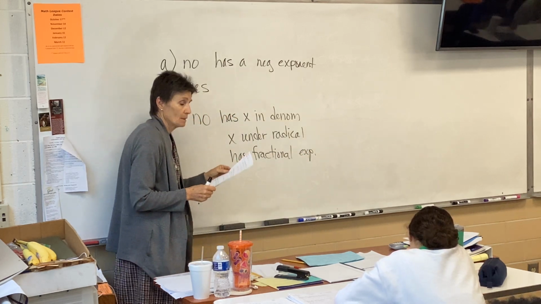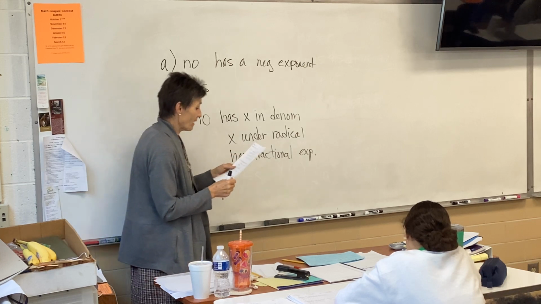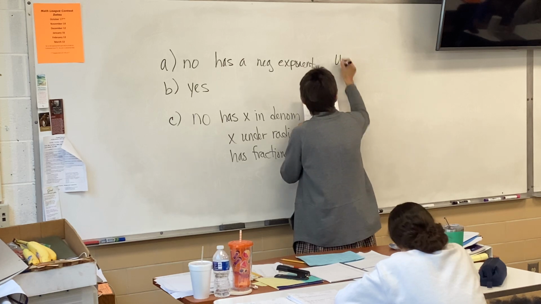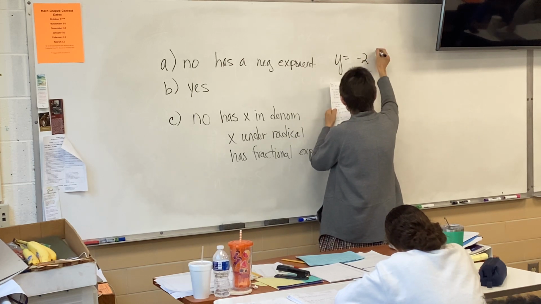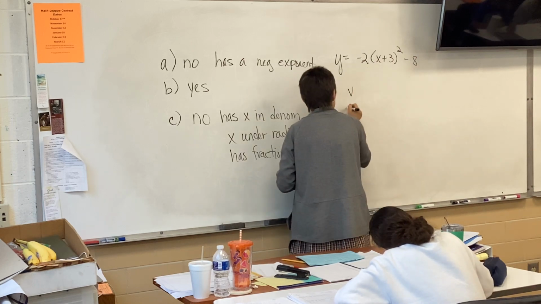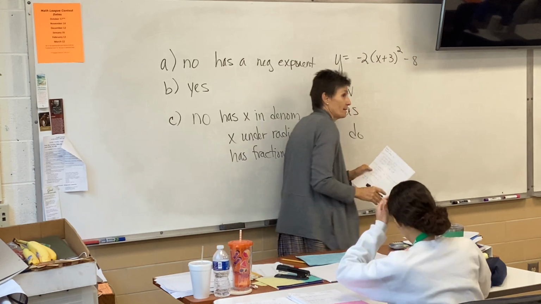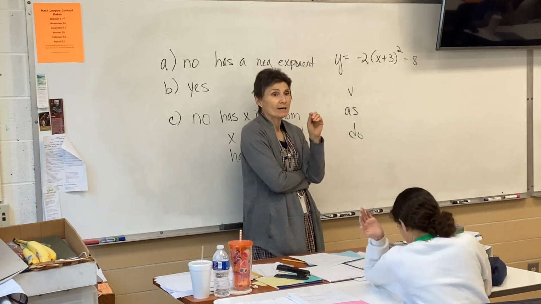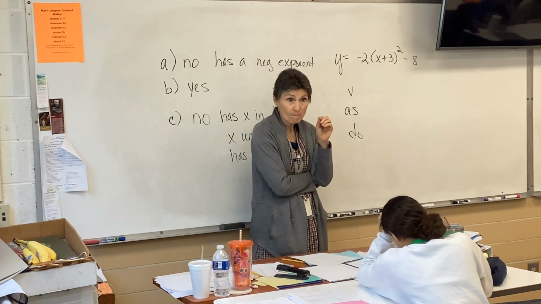All right, number 2. Find the vertex, axis of symmetry, and direction of opening in the manner of your choice. So we got y equals -2(x plus 3) squared, minus 8. This is the easiest problem you've ever had because it is in vertex form.